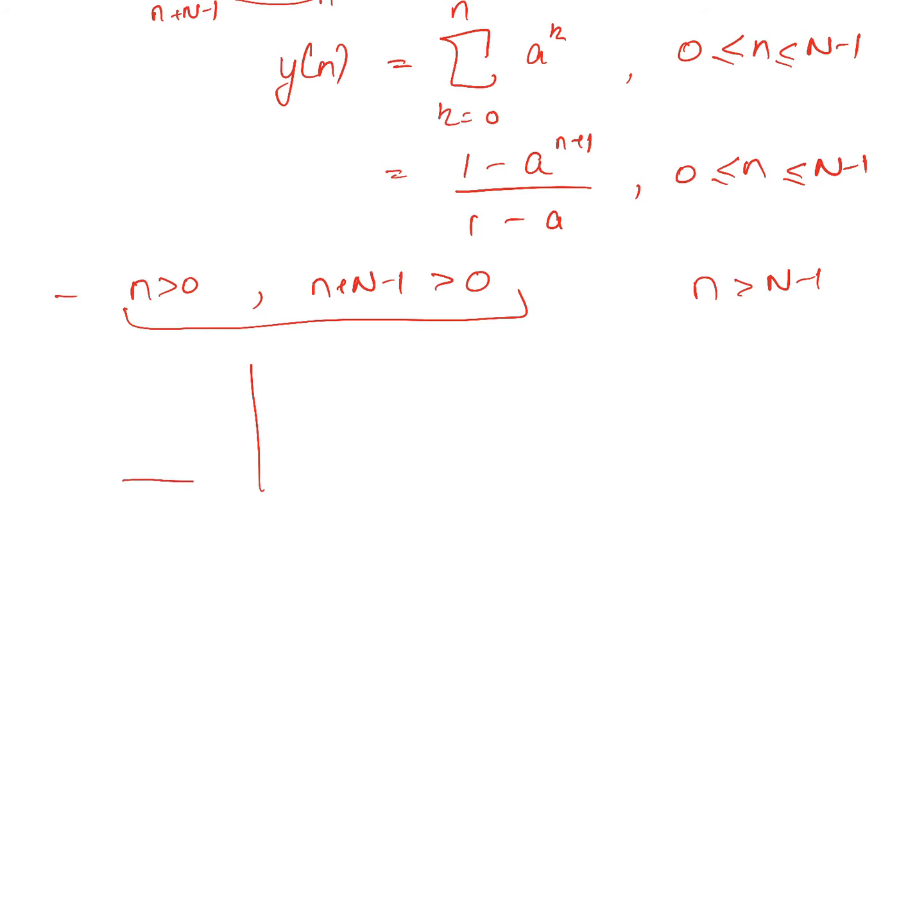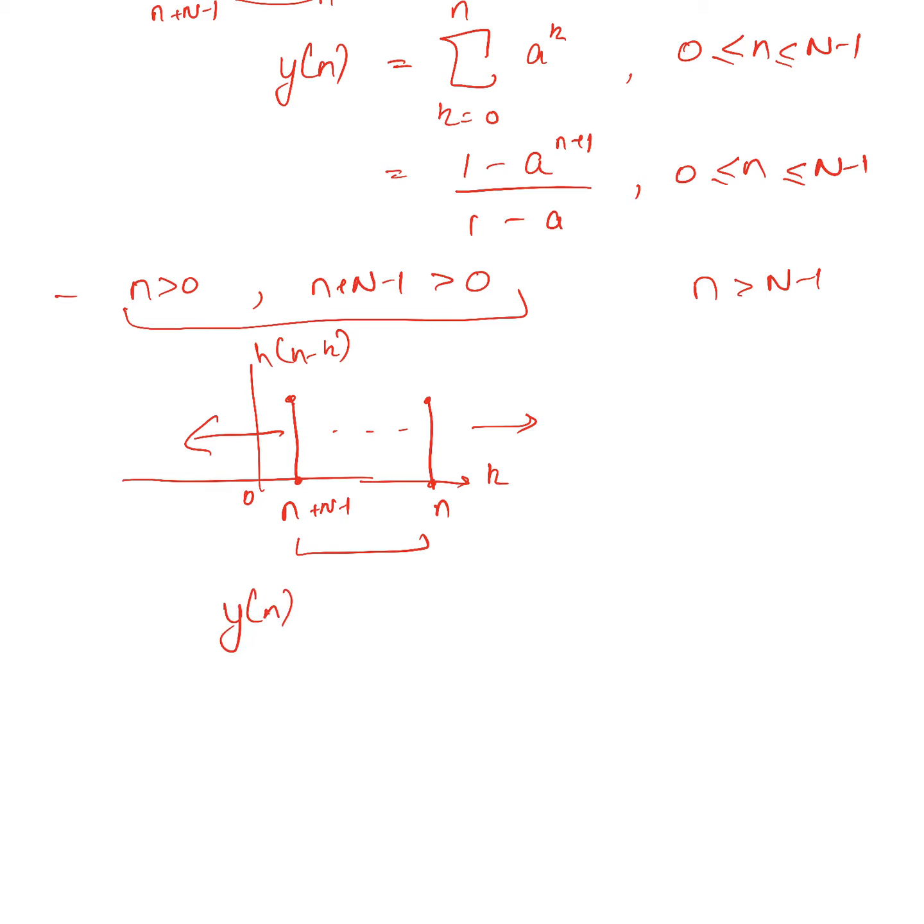So for this case you have h of n minus k defined for n plus n minus 1, which is positive, and you have n, right? So the summation would be between this interval, otherwise it would be 0 here and 0 here if I multiply this h of n minus k and x of n.